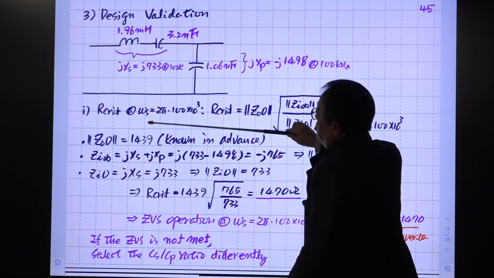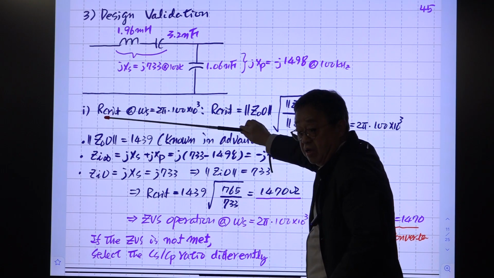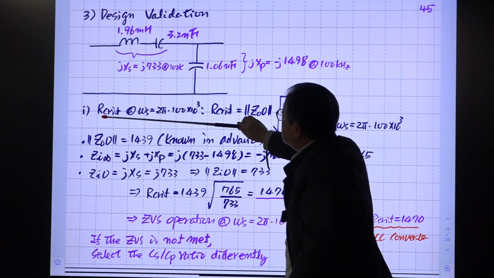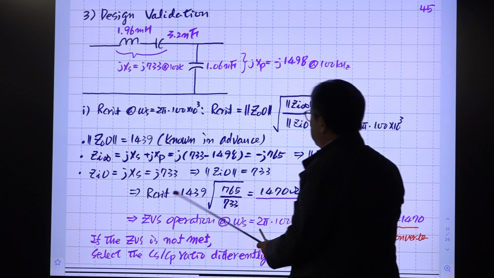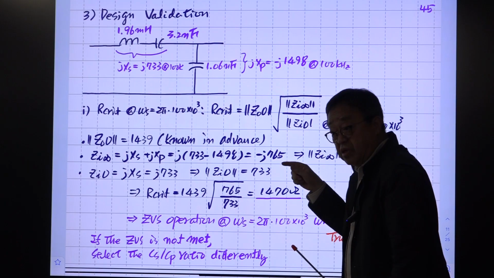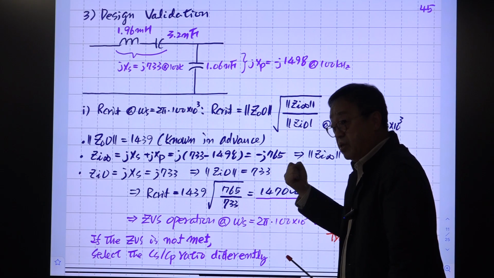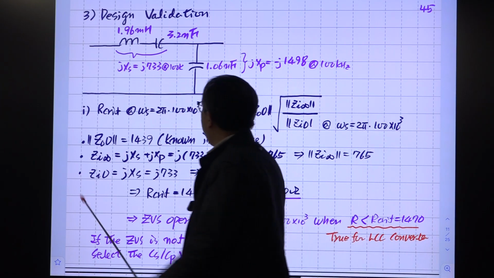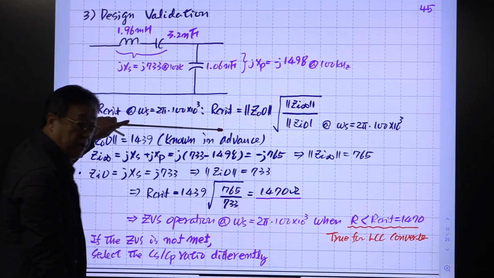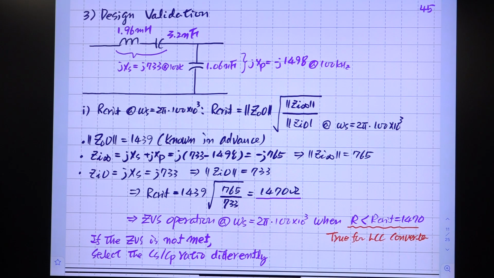So first evaluate this R critical. R critical should be larger than 900 ohm. 900 ohm is the actual load, and R critical is the borderline between ZCS and ZVS, and we want to have ZVS operation for this structure in between, okay?